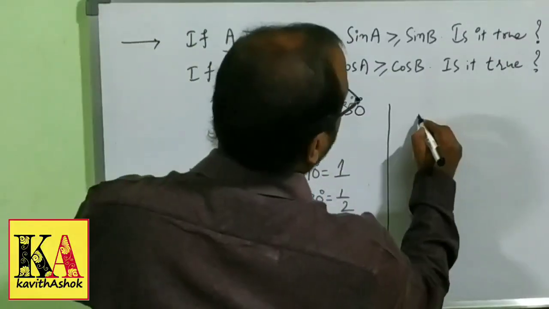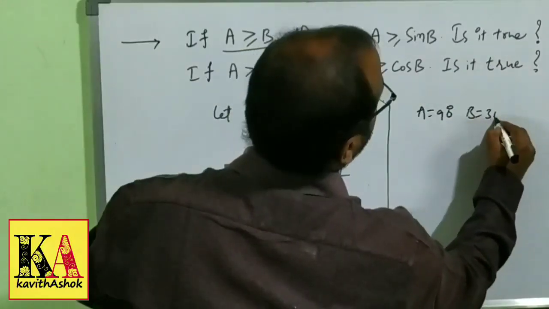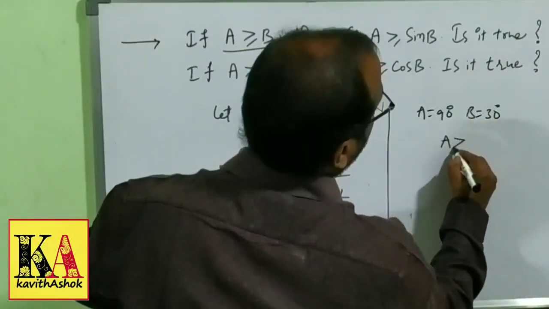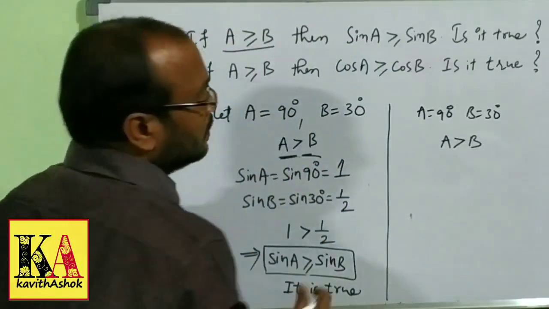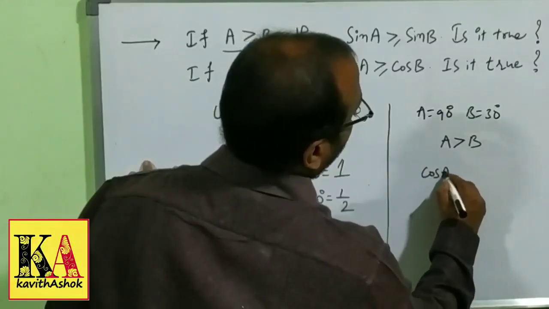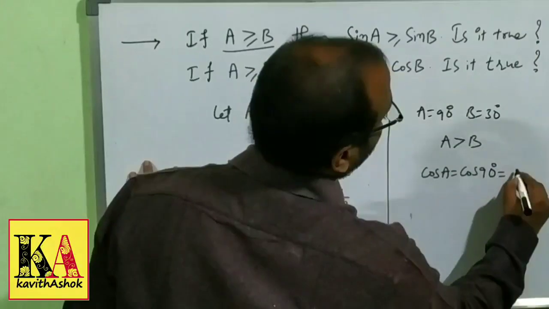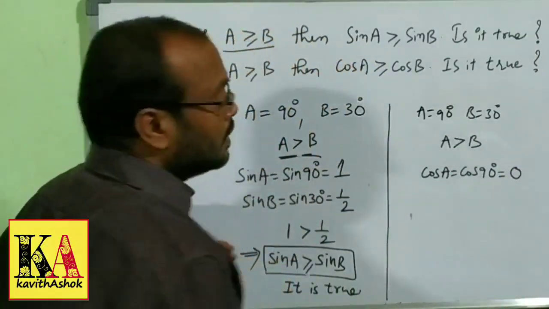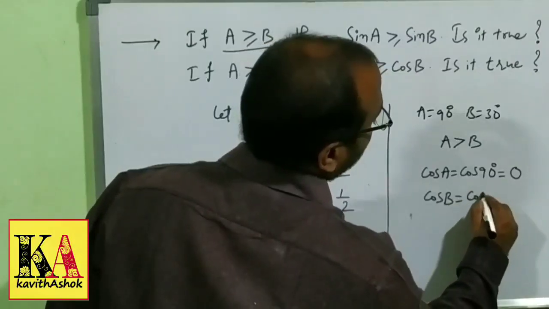A is 90 degrees and B value is 30 degrees. Here also A value is greater than B. Suppose cos A is nothing but cos 90 degrees. We already know cos 90 is nothing but 0. Next, cos B. Cos B is nothing but cos 30.